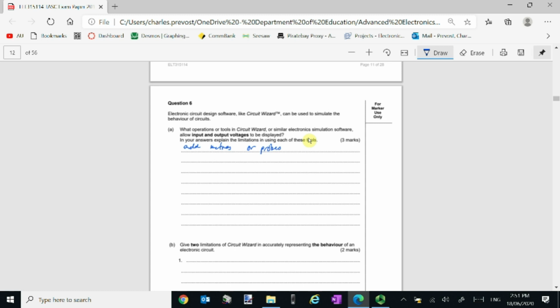So the meters can be a bit difficult to add in, or cumbersome.